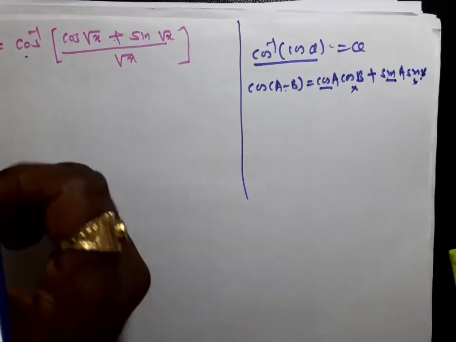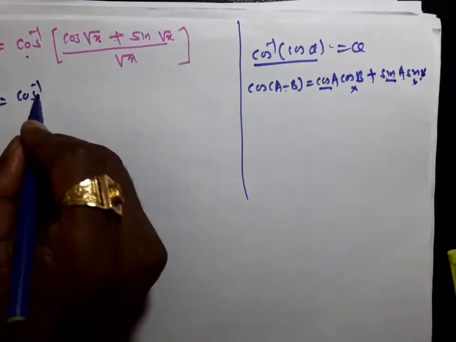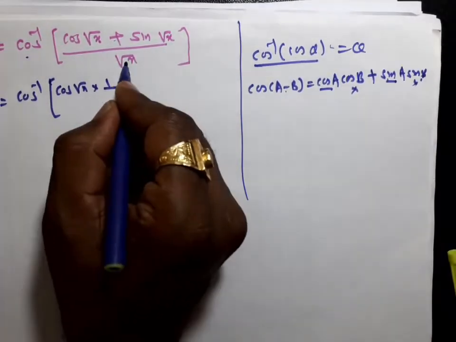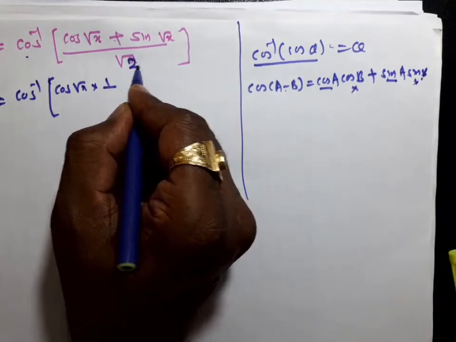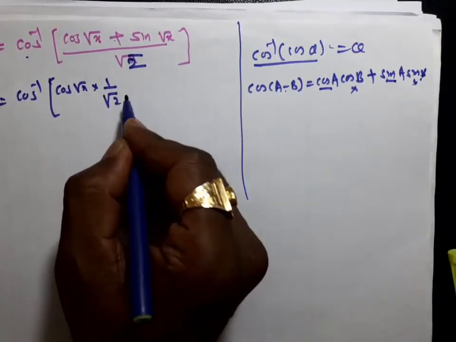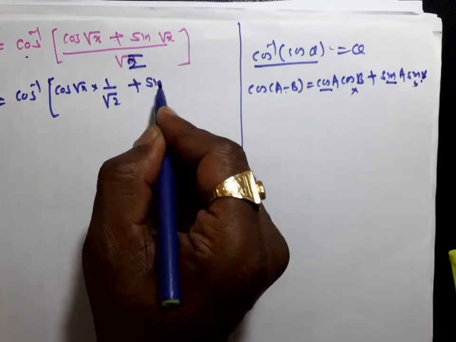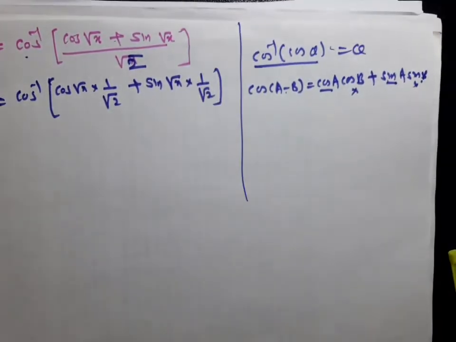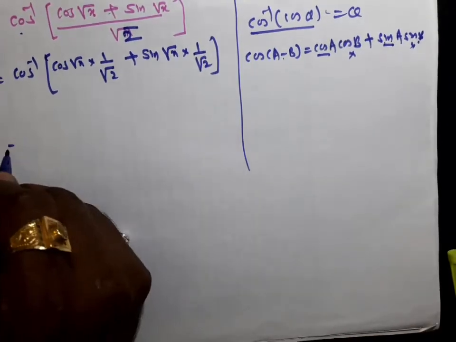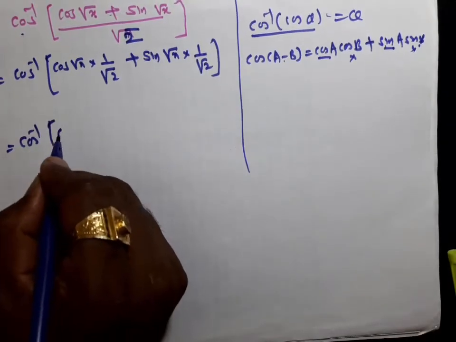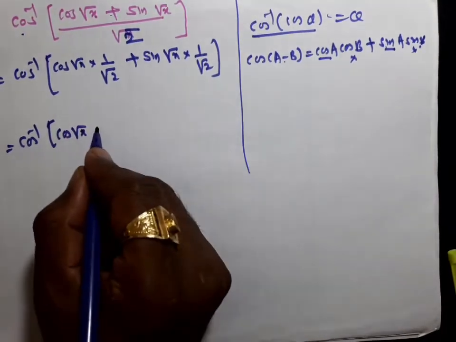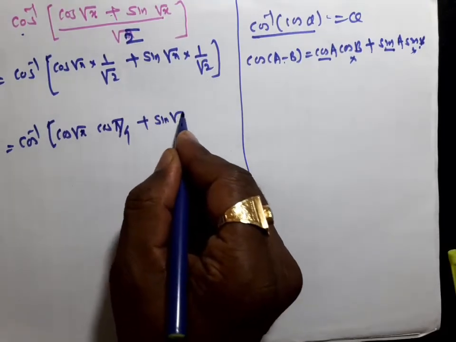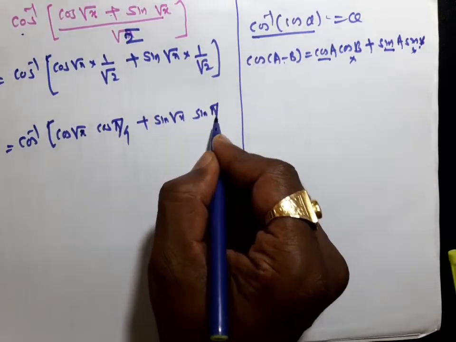So this I can write as cos inverse of cos root x into 1 upon root 2 plus sin root x into 1 upon root 2. And you know that this is cos pi by 4 and this is sin pi by 4.